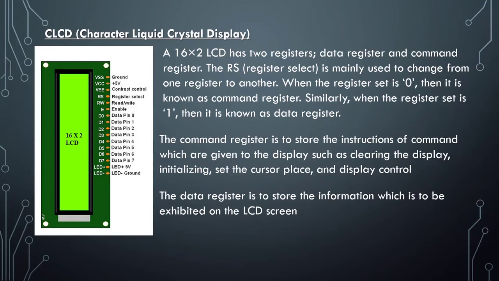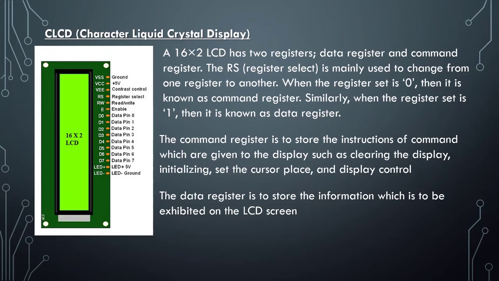When the register select is 0, it is known as the command register. Similarly, when the register select is set to 1, it refers to the data register, where it is going to receive data and showcase it in the LCD. The command register is used to store the instructions given to the display, such as clearing the display, initializing it, setting the cursor place, and display control.